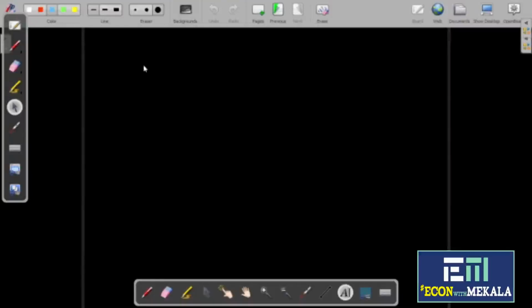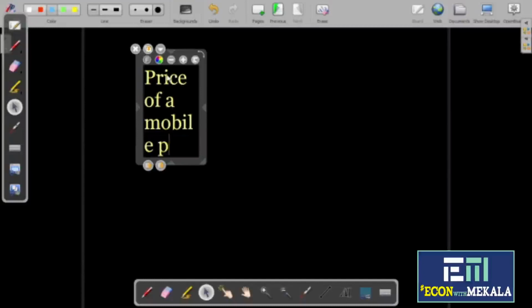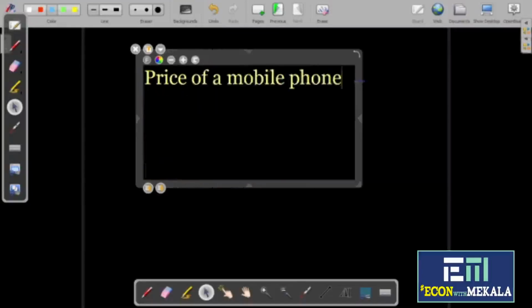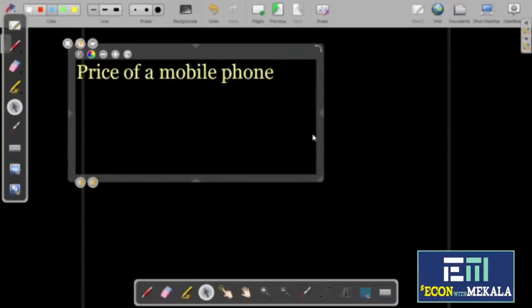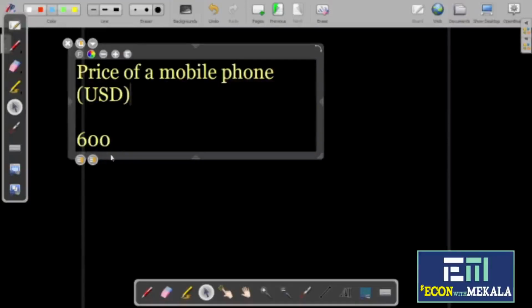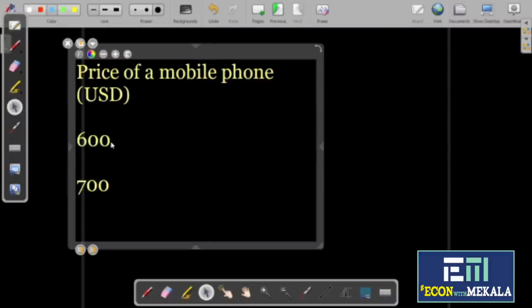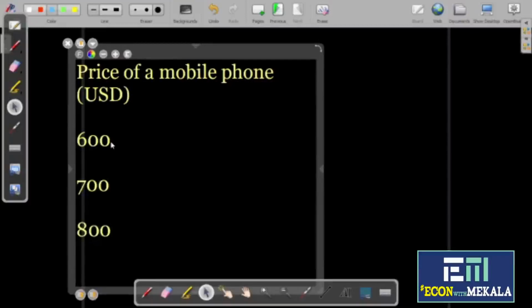Now let's take an example. Assume the price of a mobile phone is varying like this. They started with $600 and it went up to 700, it went up to 800, and it can even end up at 900.